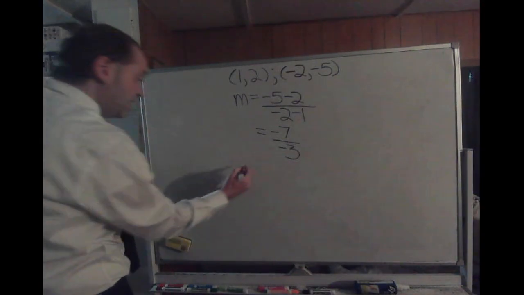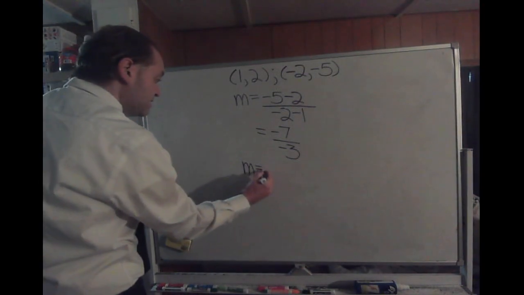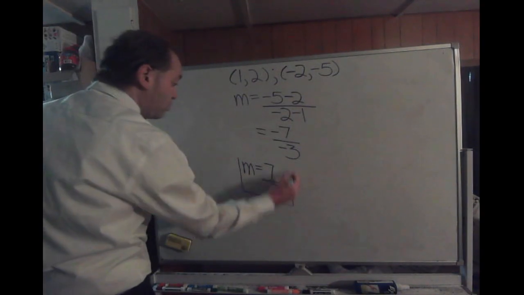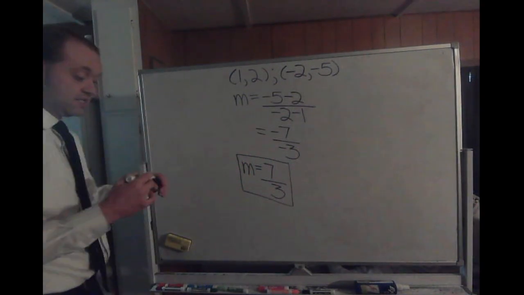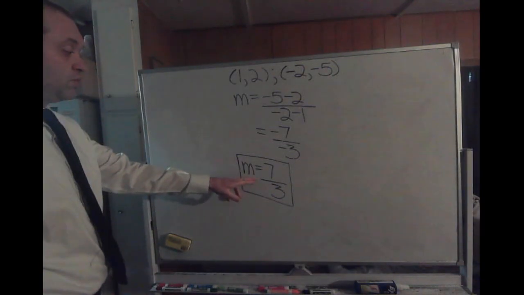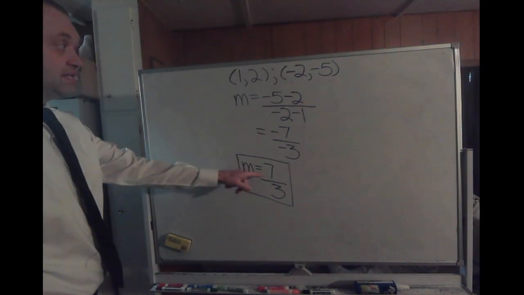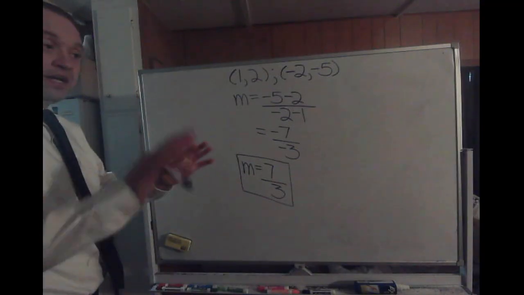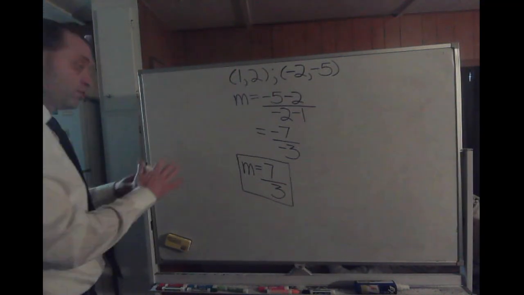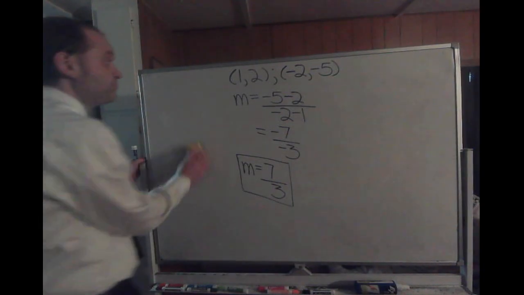A negative divided by a negative is actually a positive. You got a slope of 7/3. And you will quite often get fractional or decimal slopes. That does happen quite a bit. So the slope would be positive 7/3, which again would be a line rising to the right. The further right you go, the more the line's going to rise.